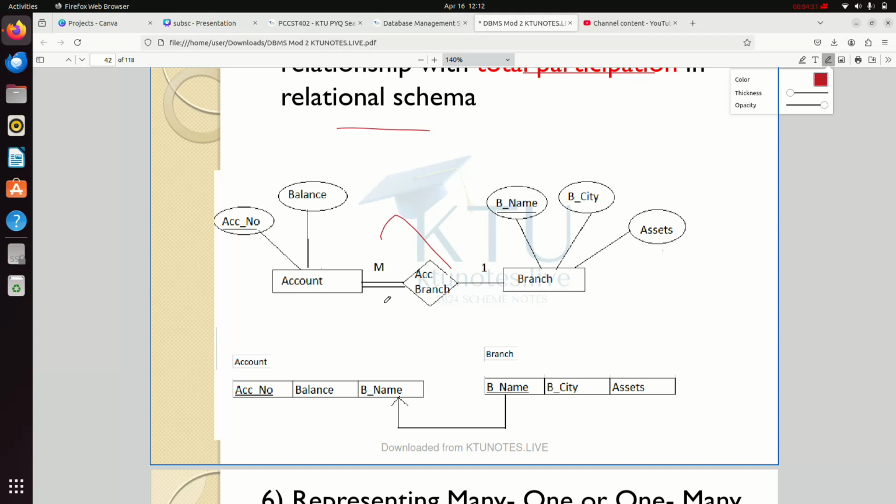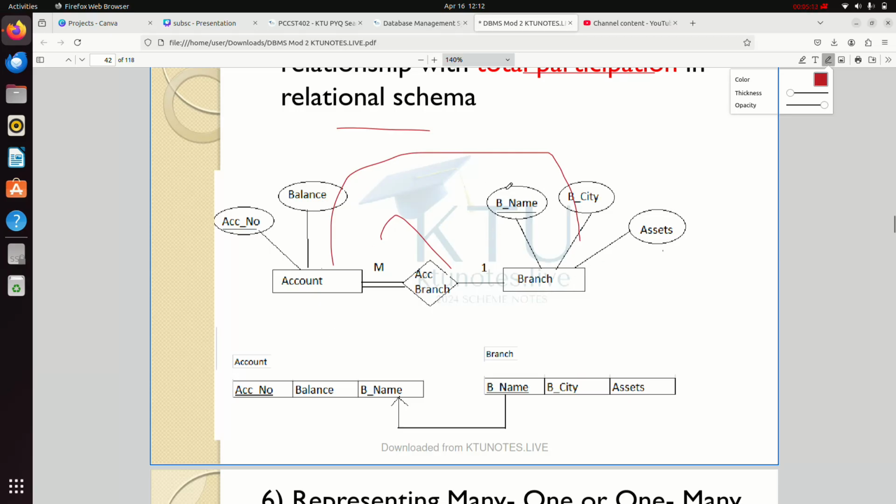Account is totally participated in that particular relationship, meaning every account participates in that relationship. So what you have to understand is that every account will have a branch. That is what total participation means. So since every account has a branch, you can write the branch name also for each of the accounts.